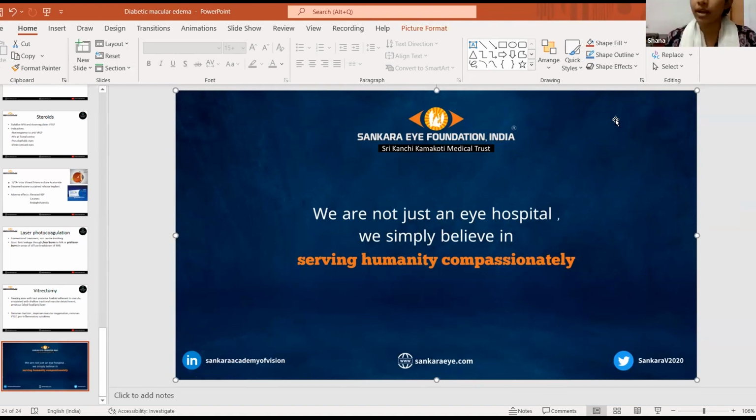Sir, anti-VEGFs can be combined with laser also. After giving one injection, after 3 months, we can take another OCT to find if improvement is there. And after that, we can decide what to do.